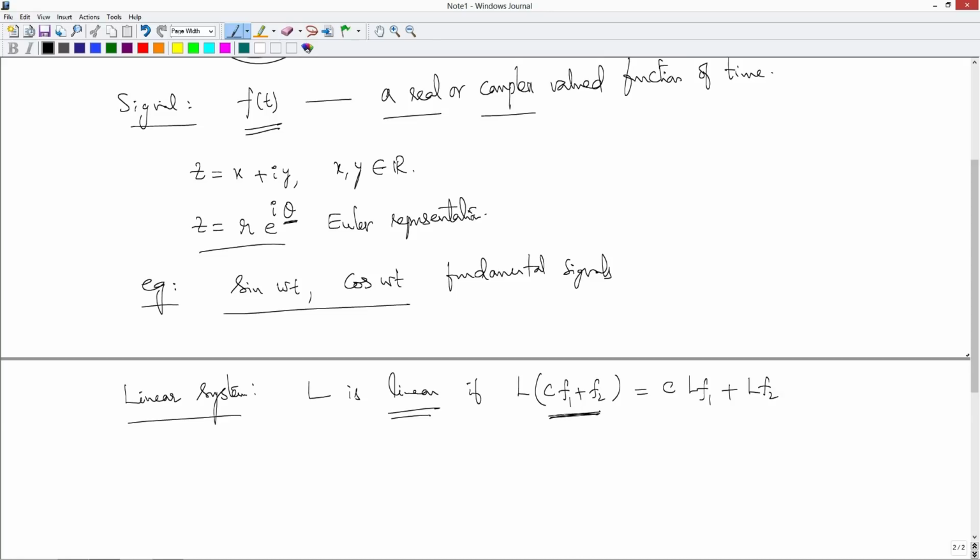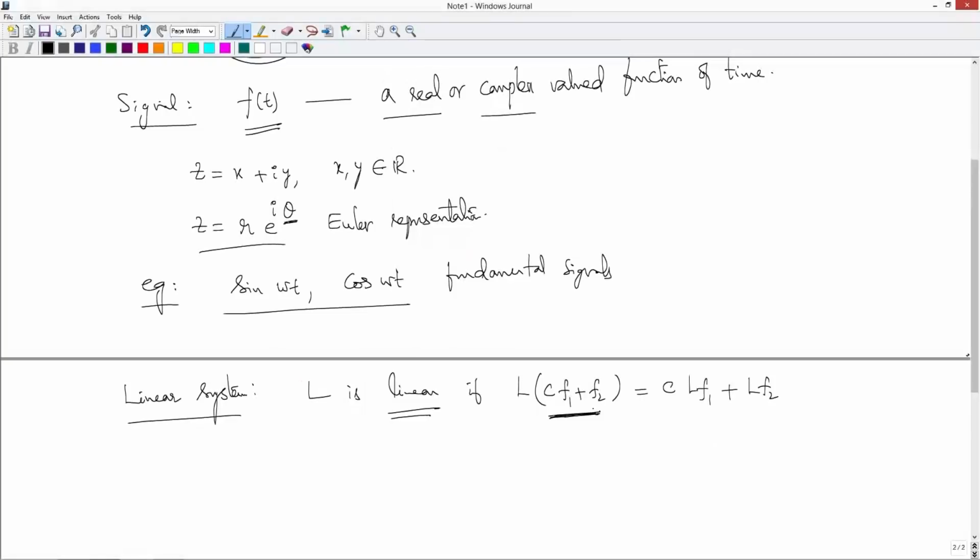What you give as input is actually your signal, the real or complex valued function, which may be continuous or discrete. If it satisfies this, the described system is linear.